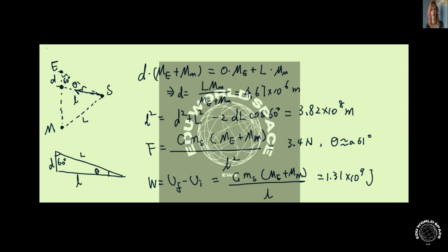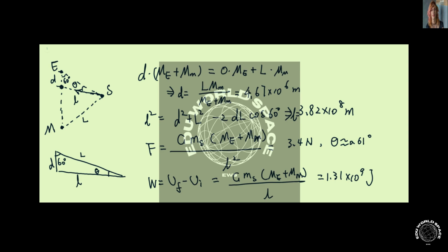We know this angle is 60 degrees, so we can use this equation: l squared equals d squared plus L squared minus 2 times d times L times cosine of 60 degrees. Solving this equation, we find l, the distance from the satellite to the center of mass, is 3.82 times 10 to the 8 meters.